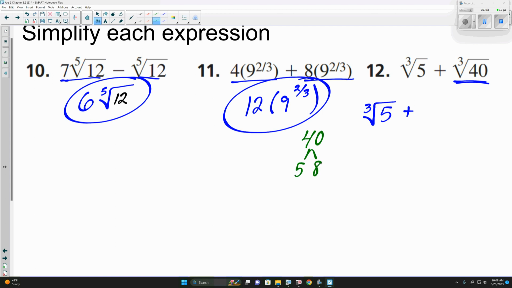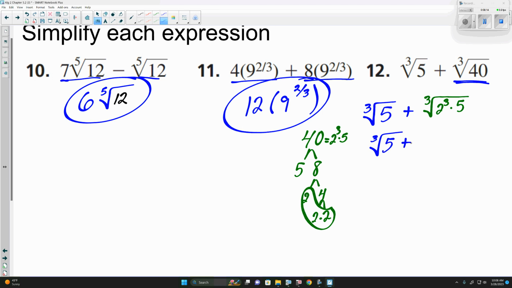5 and 8. So that would be 2 cubed times 5. Now we could write it in here and say the cubed root of 2 to the third times 5, the cubed root of 5. Now the cubed root of 2 to the third is 2, yes?